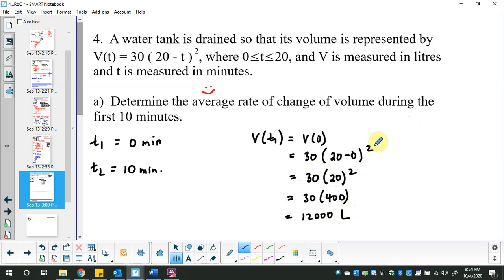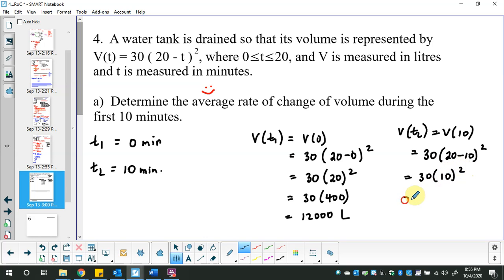If I go on and use my space wisely, V at t2 is equal to V at 10. So that's 30 times 20 minus 10 squared. 10 squared. BEDMAS says do exponents first and then finish her off.